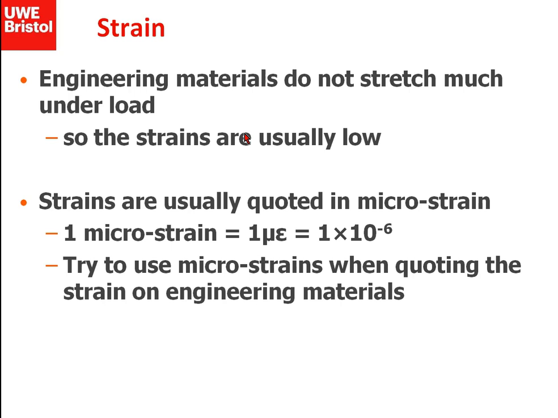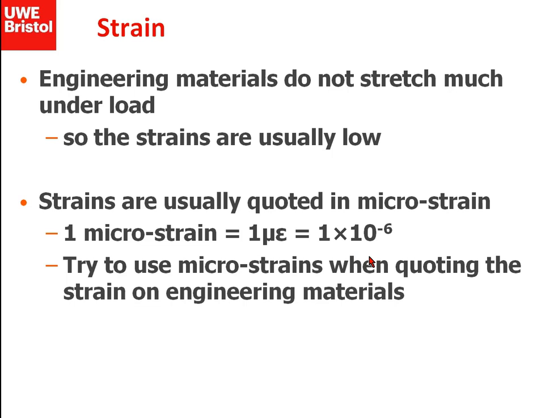So for most engineering designs we are dealing with numbers from 1 to about 100 times 10 to the minus 6. These are the typical strain values you'd get in a structure.